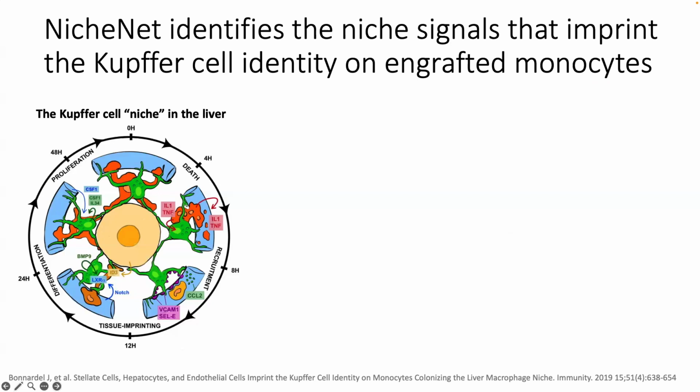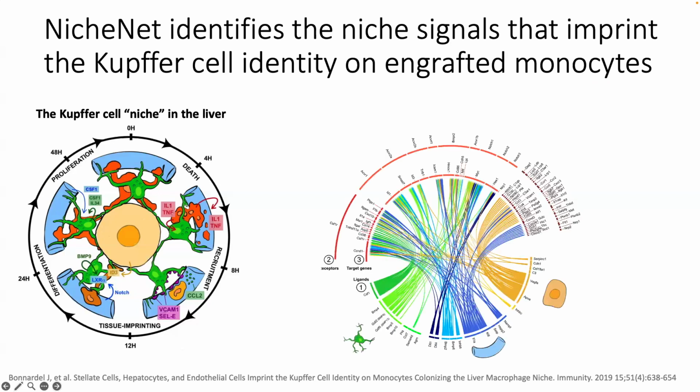So that's basically the original motivational study for developing NicheNet. So basically, our cells of interest are these incoming monocytes. We want to see what kind of signals they get from the environment here in order to become Kupffer cells, right? And the other cells are stellate cells, L6 and hepatocytes.